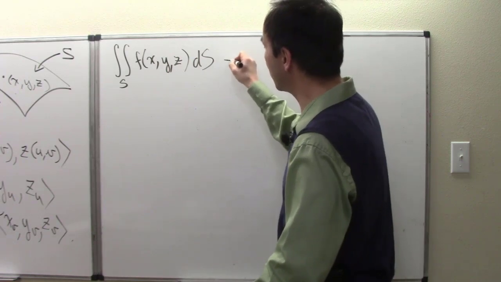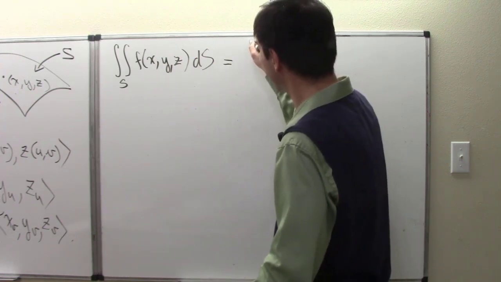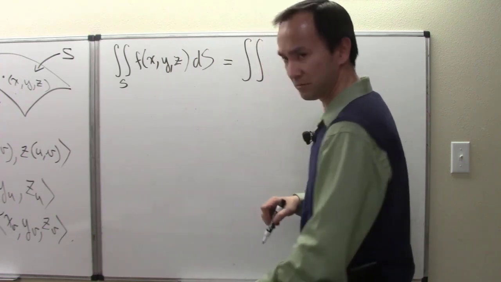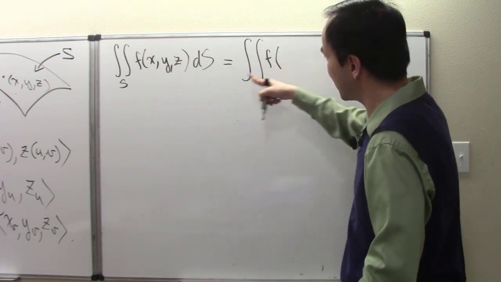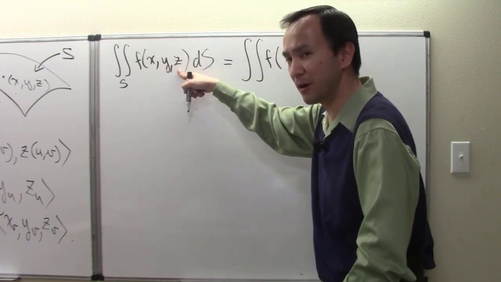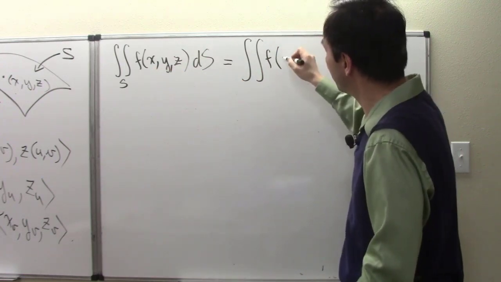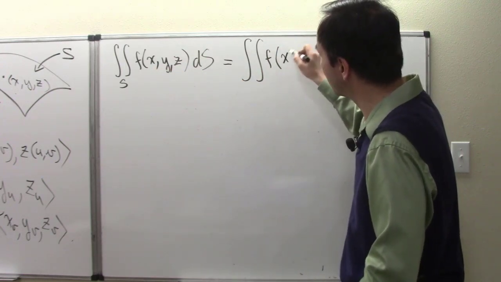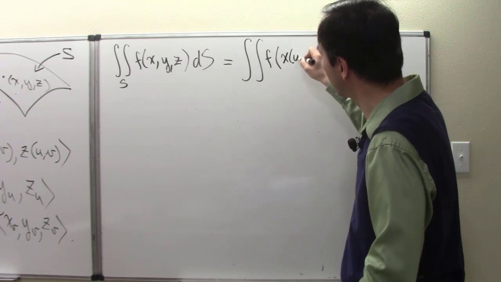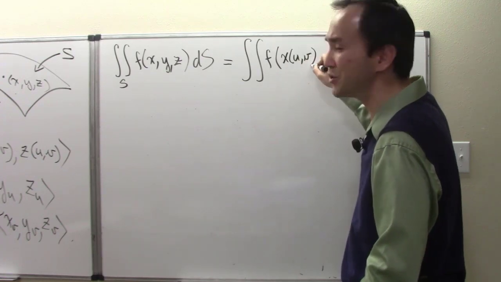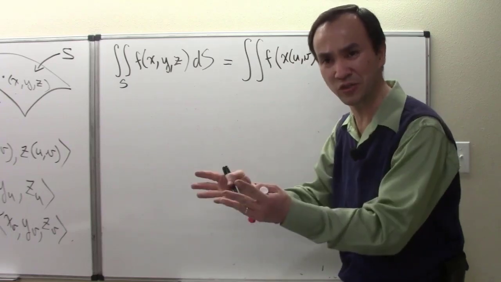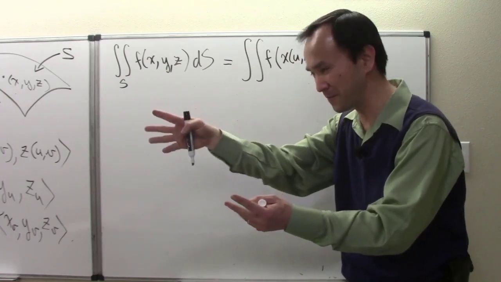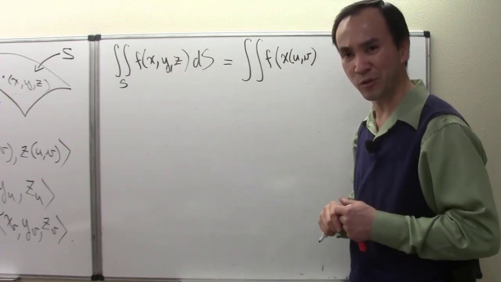That can be rewritten as a double integral. For my function, each of the x, y, and z components can be written as follows. The x can be substituted by the x component in our vector valued function, so it's x of u, v. So x will be substituted by some function in terms of u and v that came out of our parametric equations.